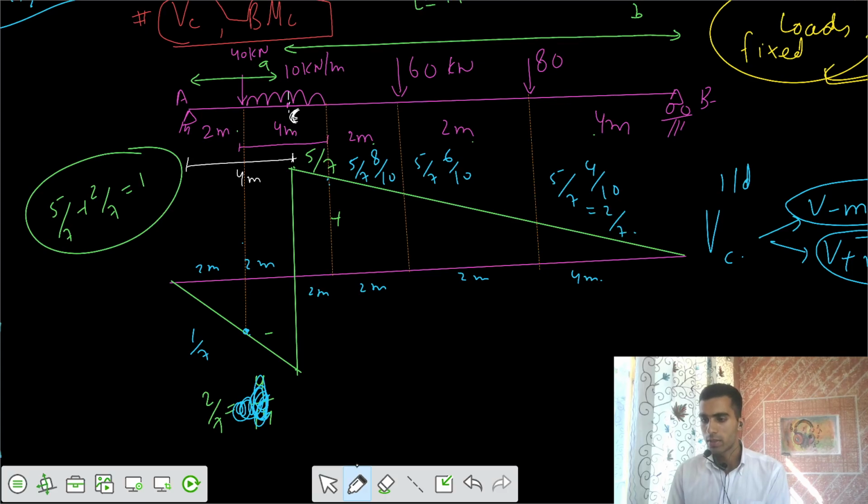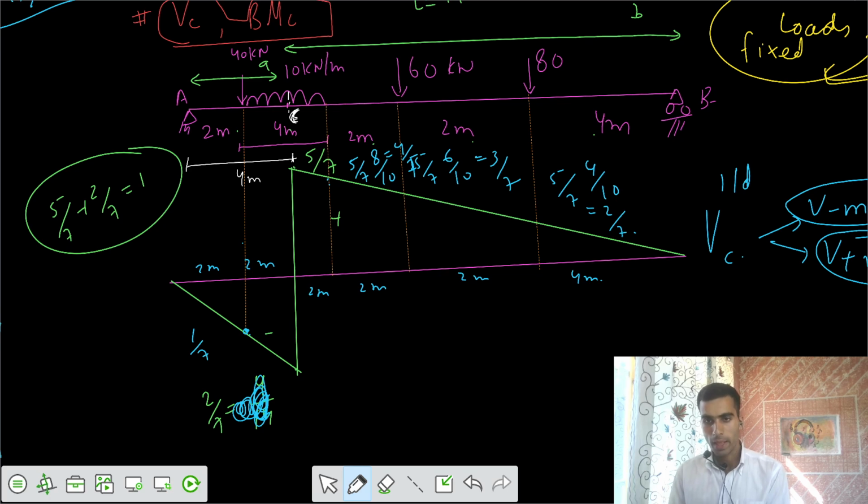Similarly, you have these ordinates 3 by 7, 4 by 7, and finally 5 by 7. So 2 by 7, 3 by 7, 4 by 7, 5 by 7.